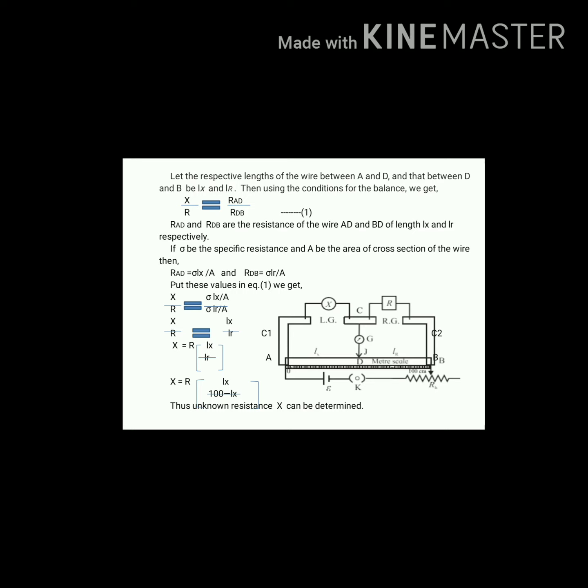Let the respective lengths of the wire between A and D and between D and B be Lx and Lr. Lx is the length of the wire AD, and Lr is the length of the wire DB.